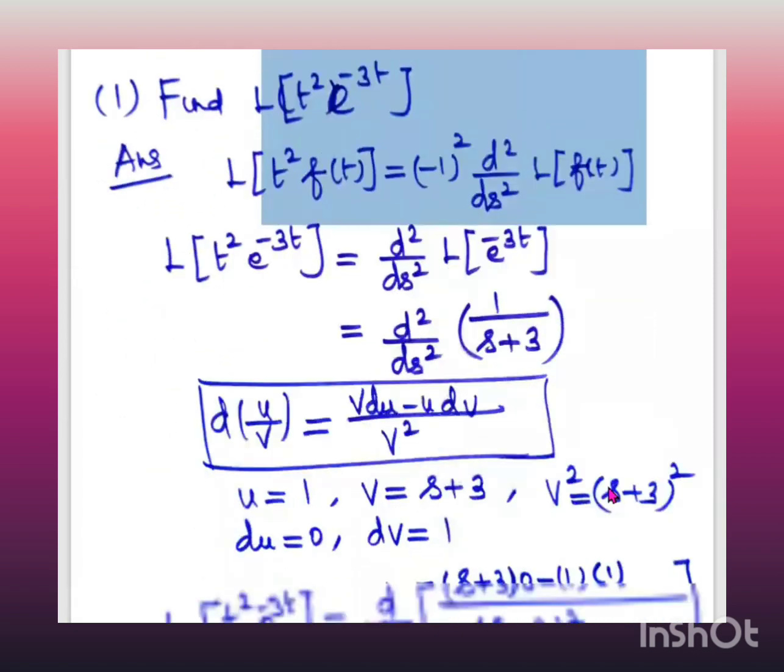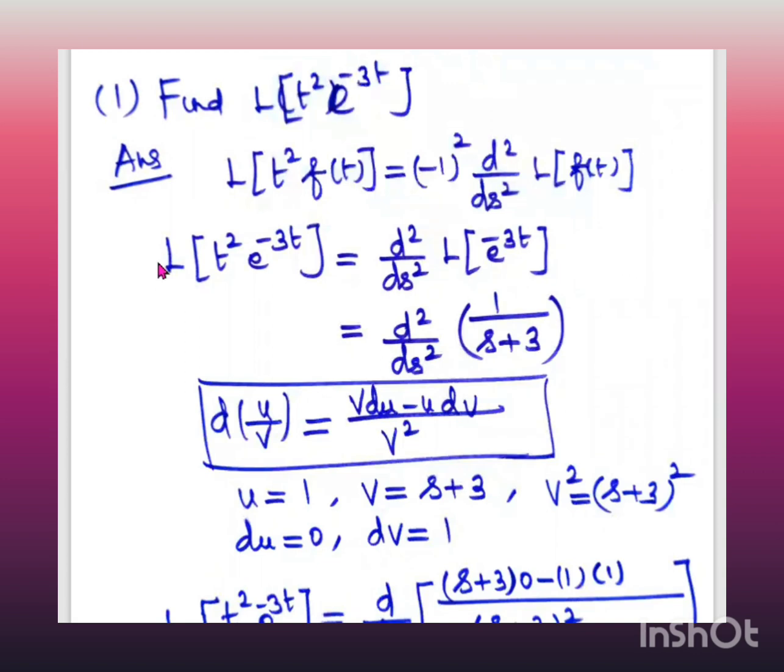So let us solve the problem. L of t square e power minus 3t. Minus 1 square is plus 1. So d square divided by ds square. Two times we have to differentiate L of e power minus 3t, because t square f of t has f of t equal to e power minus 3t. What is L of e power minus 3t?